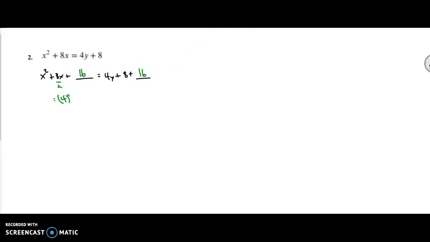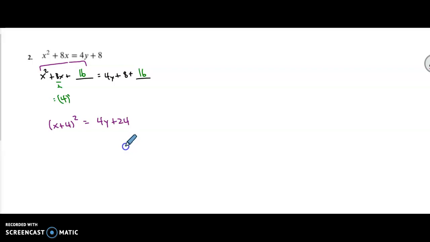Okay. So now when I look at this trinomial, this is going to be x plus 4 times x plus 4, or that's going to be x plus 4 squared. And over on the right hand side, I'm going to add 8 and 16. So that's 24.